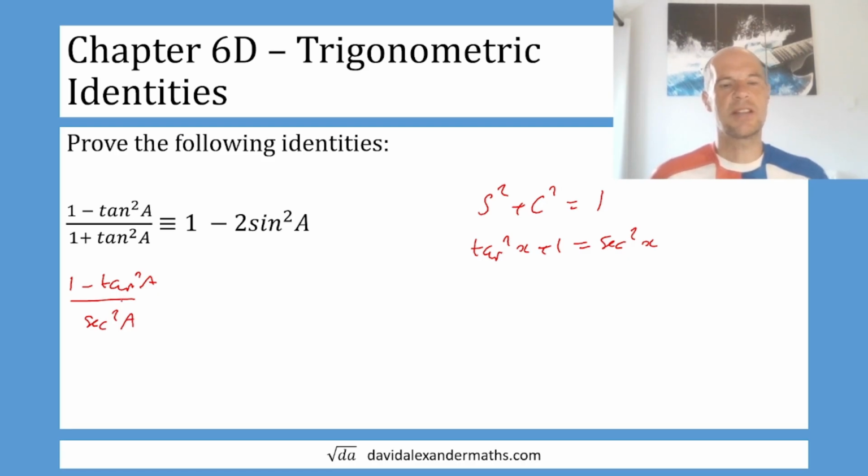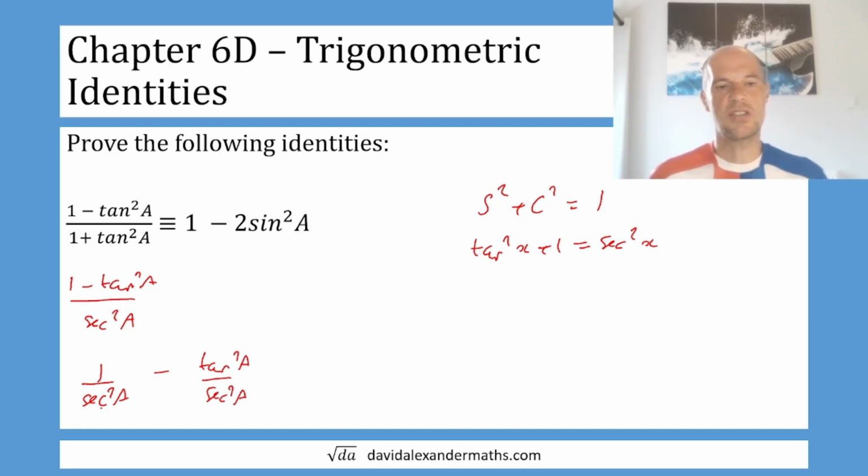So I need to do something with the tan squared, or do I? Maybe I can. I'm not 100% sure this will lead to where it needs to go, but that's often the case with these. Just try something and you never know what's going to happen. So 1 over sec squared A, take away tan squared A over sec squared A. So I'm just separating.